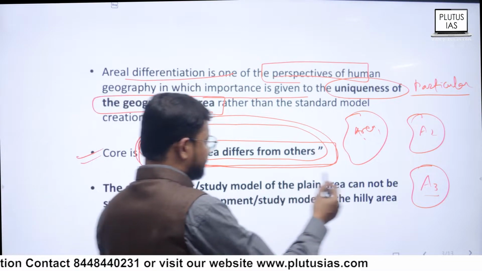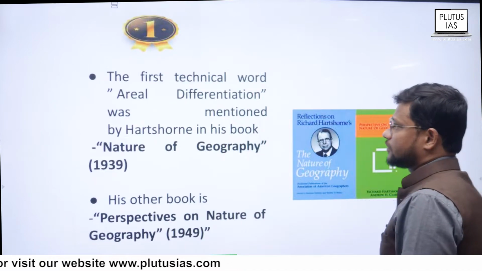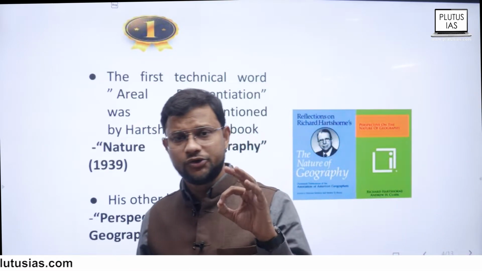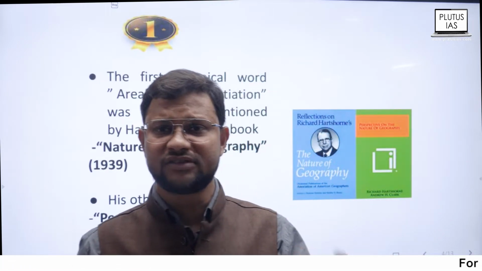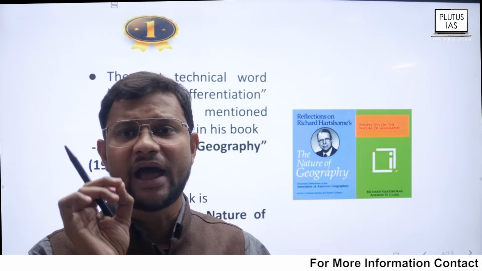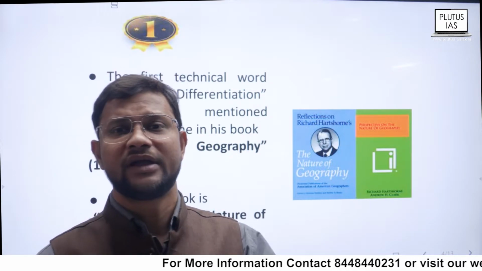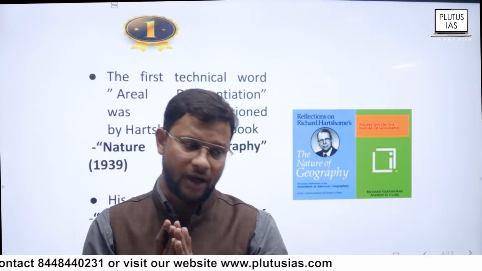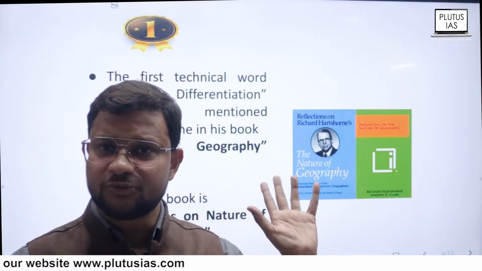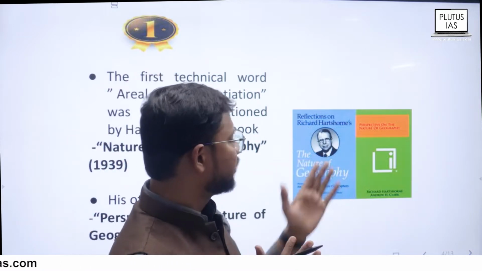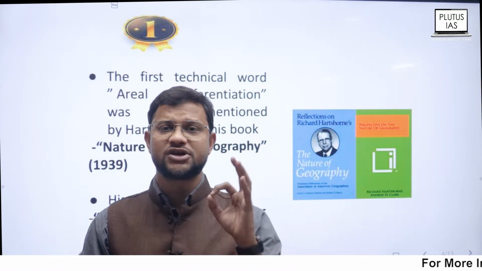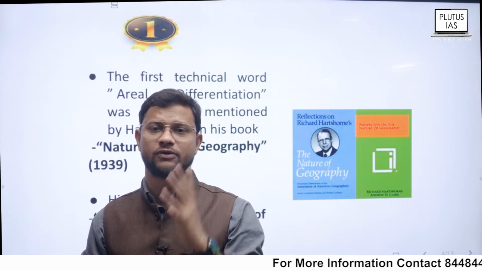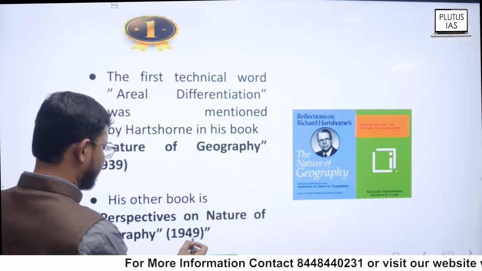You will find the first use of the term areal differentiation was by Richard Hartshorne in his book Nature of Geography. As you are students of geography, you must know this name, this scholar, Richard Hartshorne, Nature of Geography.